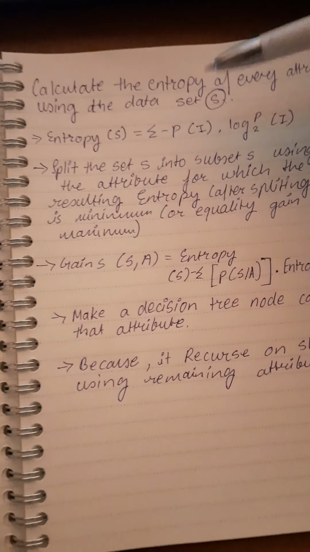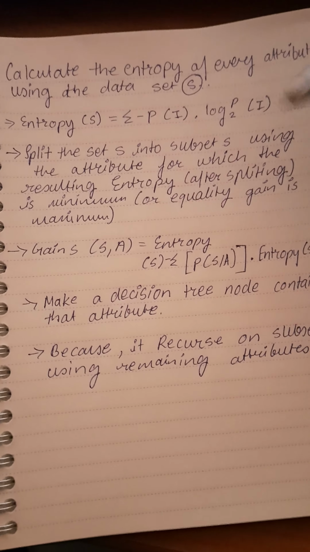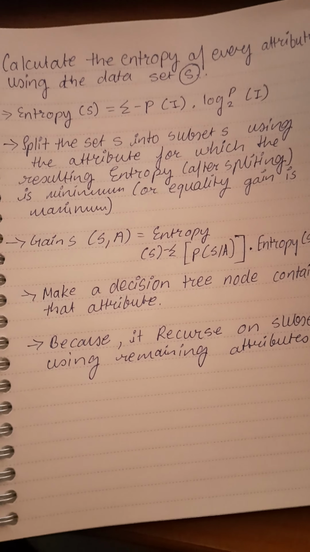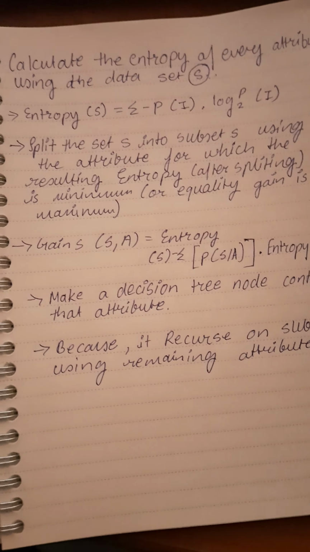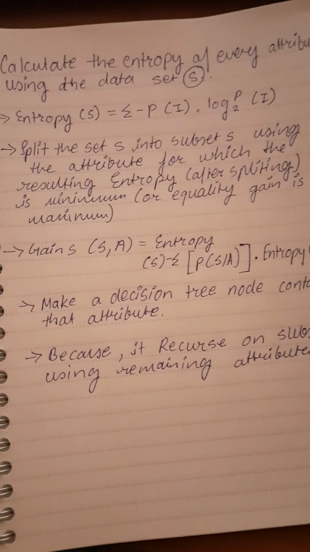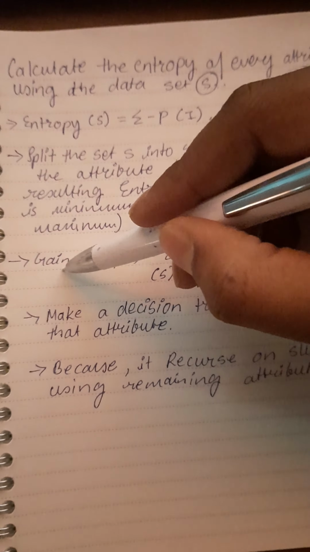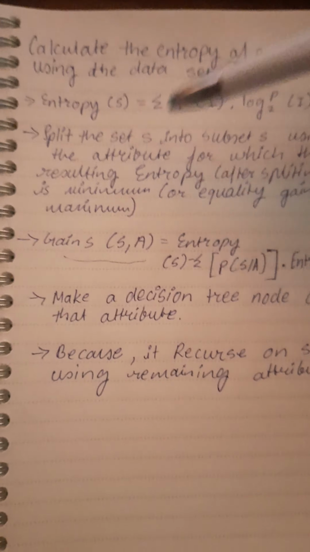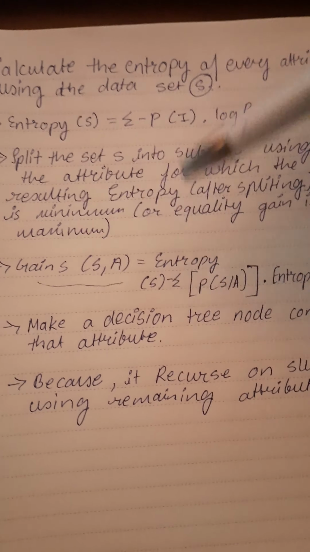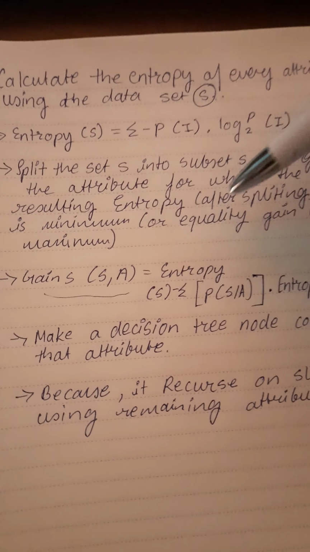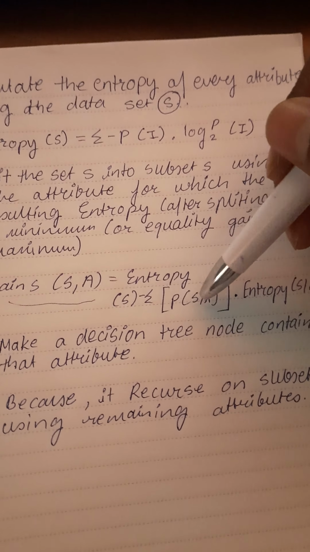As we can see, we have to split the set S into subsets using the attribute for which the resulting entropy after splitting is minimum, or equivalently the information gain is maximum. So this is the formula for gain. The gain of S comma A is equal to entropy of S minus sigma of P(S by A) into entropy of (S by A).